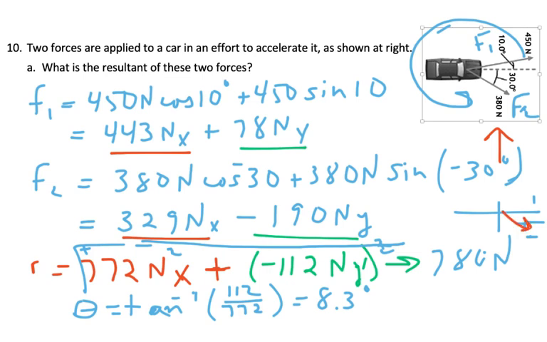So that means you can either subtract it from 360 degrees, or you can say that it's 8.3 degrees below the x-axis, or negative 8.3 degrees. All right, so hopefully that helped, and I'm about out of time. So let me know what you think.